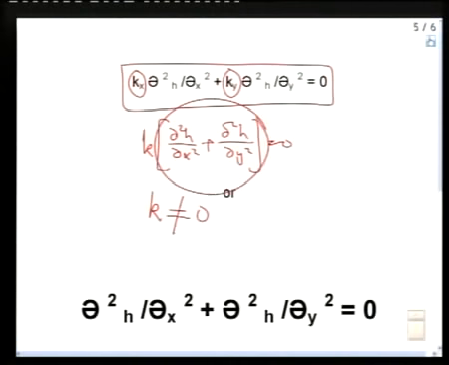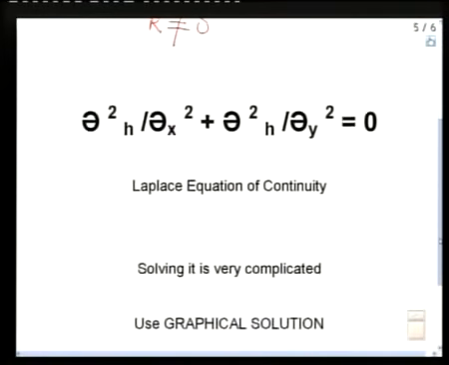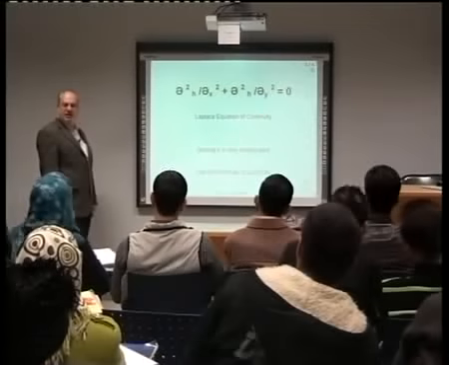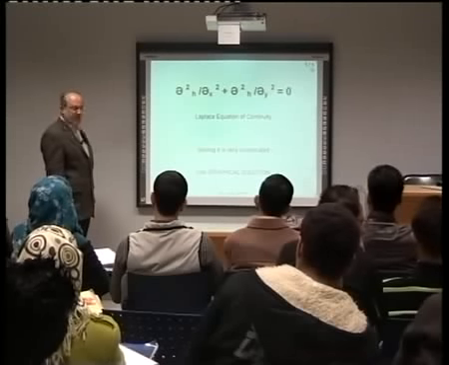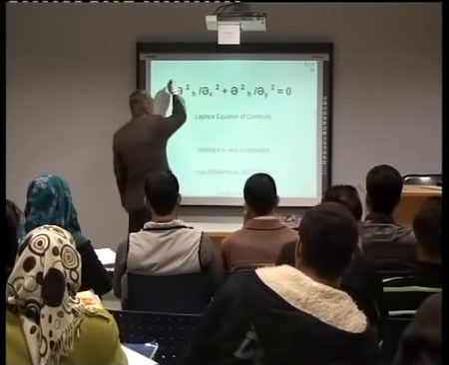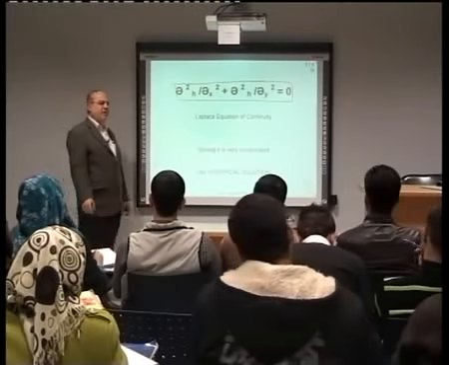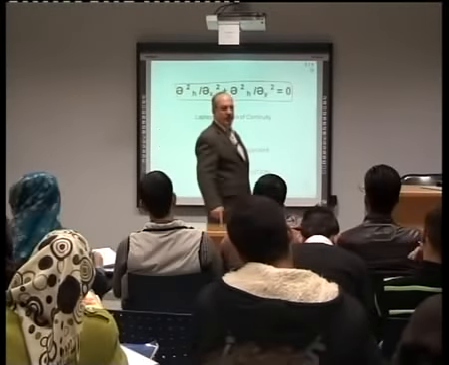Then d square h by dx square plus d square h by dy square plus d square h by dz square if it is 3 dimensions. This will be equal to 0. And this is what we call the Laplace equation of continuity. You should be familiar with this. You took it in math, you took it in physics, you took it in fluid.